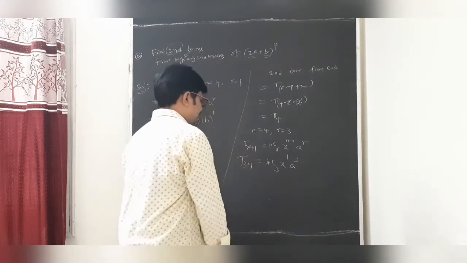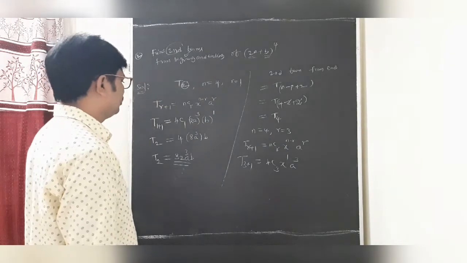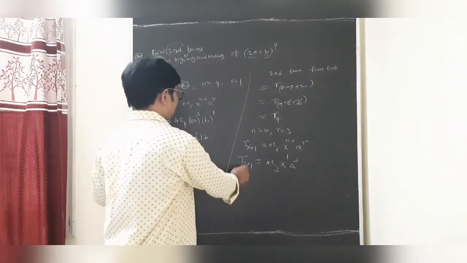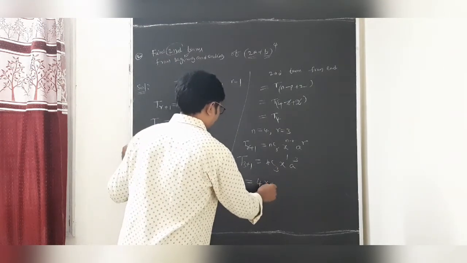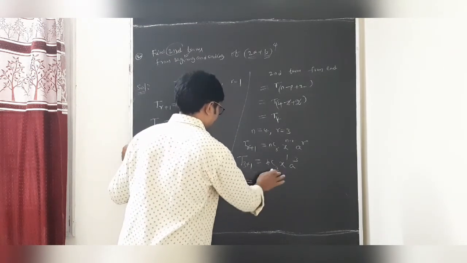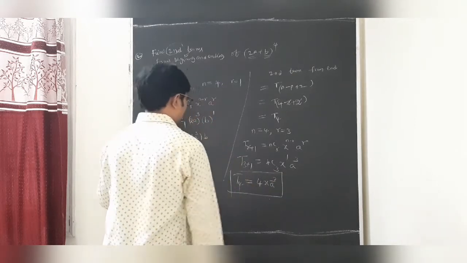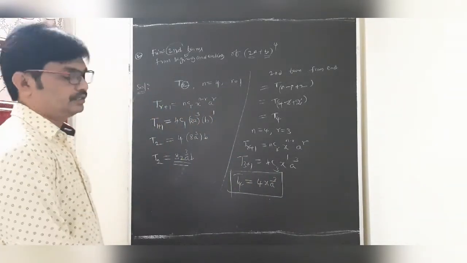So this can be written as 4C3, 4 x a cube. This is the last second term.